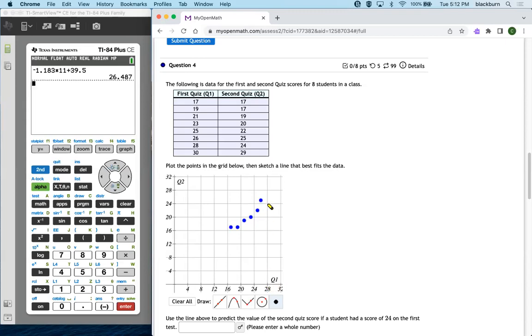Oh, finally, we got one right on the crosshairs. And then 30, 29, just above there.